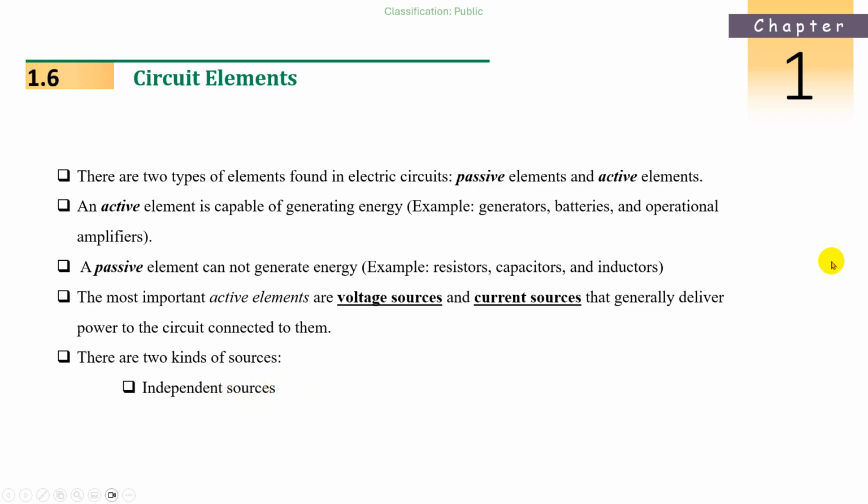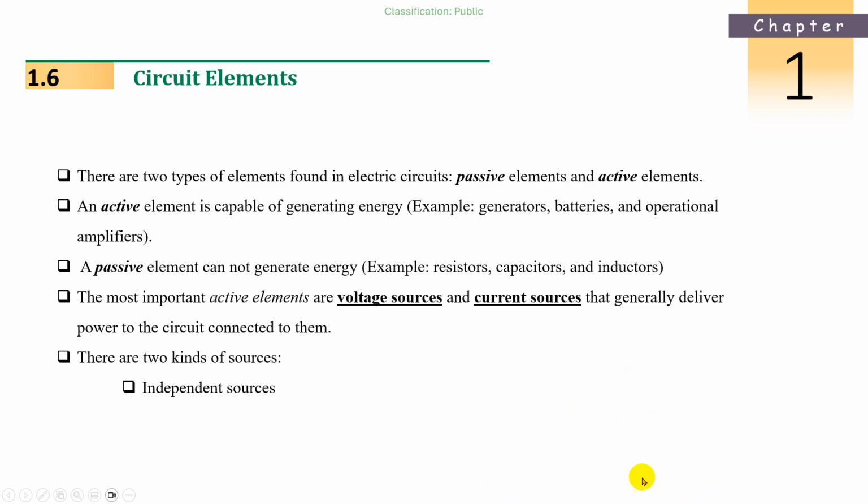It is called independent. The circuit may have a voltage source, a resistor, inductor, capacitor, many things. The source doesn't depend on other elements, whether those elements are a voltage source, current source, resistor, inductor or capacitor. If it is not depending on other elements, then it is called independent.